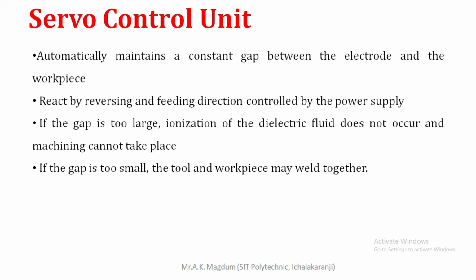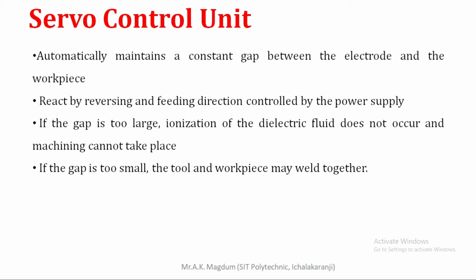And if the proper spark takes place, definitely, no doubt, the quantity of material removed from that workpiece will be greater. The servo control unit automatically maintains the constant gap between the electrode and the workpiece. That is a very important thing.